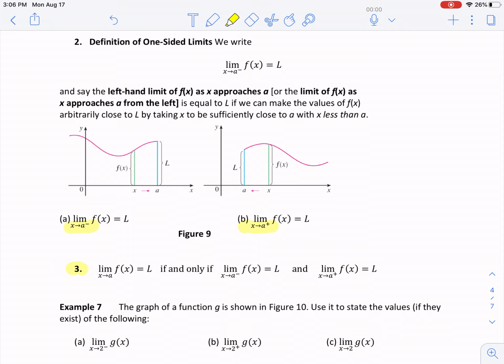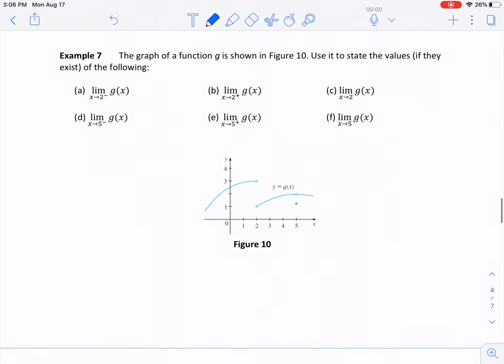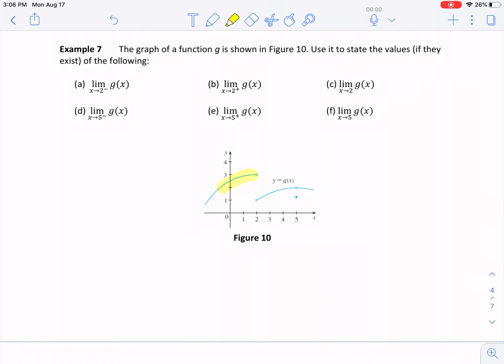Okay, so let's take a look at example 7, and that's the graph of the function g. Now, let's take a look at part A. So for part A, I'm looking at x approaches 2 from the left, right there. And you can see that the limit is 3.